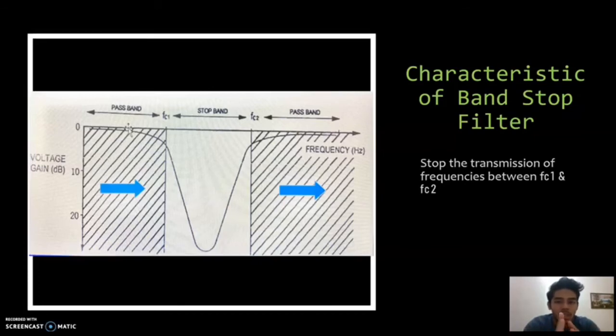There are two portions that I will explain later. As you can see, pass band, stop band, and pass band. The stop band, you can see it go here. It is stopped, or we can call it reject, the frequency.